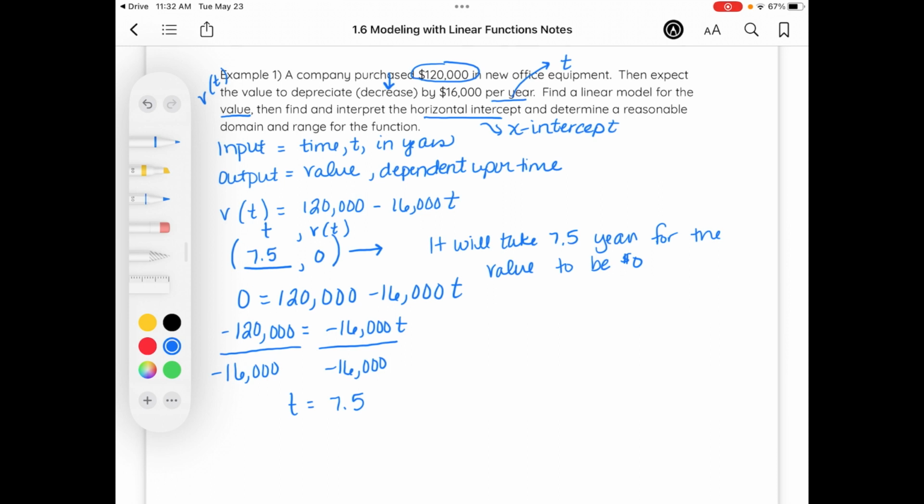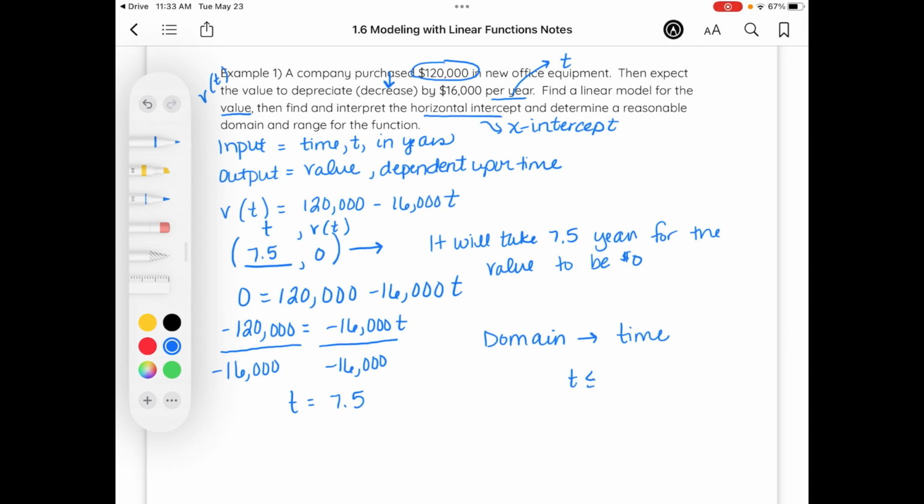Now we need to determine a domain and a range. Well, our domain is our time. And if we're thinking about time in relation to value, our time should be less than or equal to 7.5, but yet greater than or equal to 0 years.